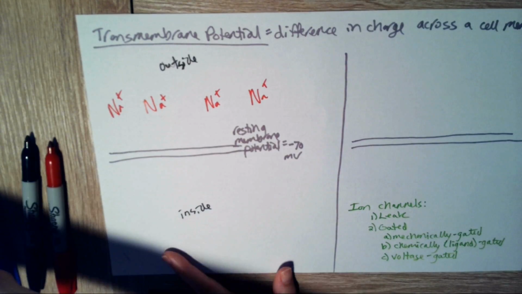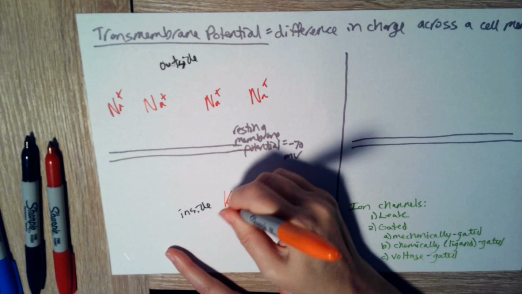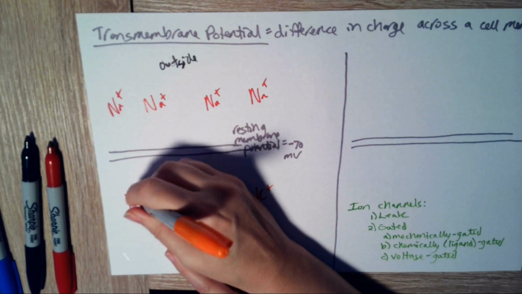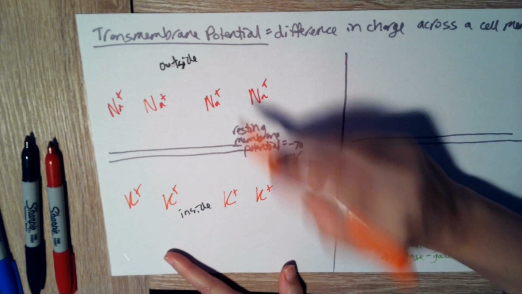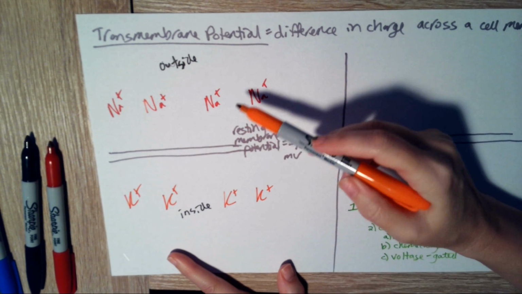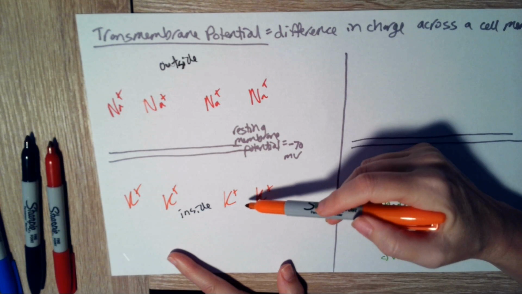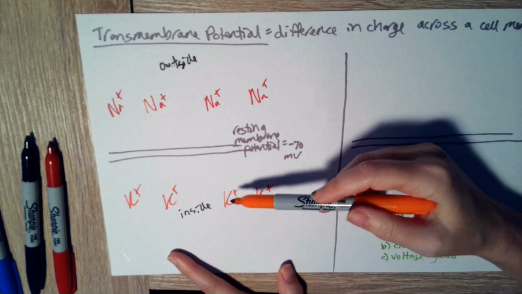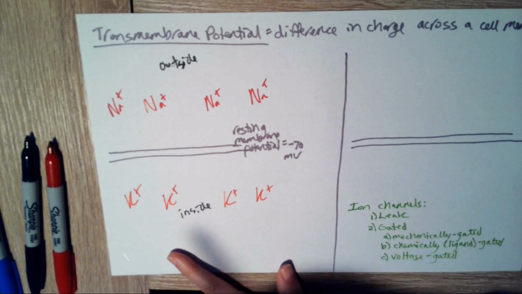Potassium, let's put some potassium. We will have a lot of potassium inside the cell, not so much outside. Of course, there's potassium out there, not as much as inside, so I will leave it off to keep it simple. So lots of sodium outside, lots of potassium inside.